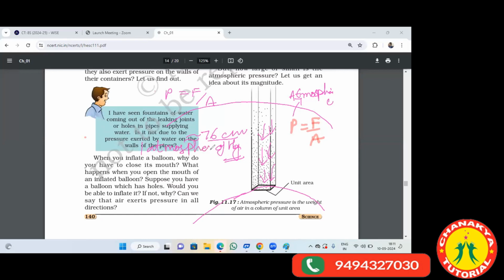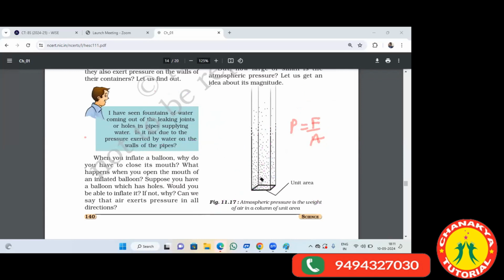Now, just look for a few seconds here. At the bottom, we have a diagram which explains how much pressure is exerted by the air.